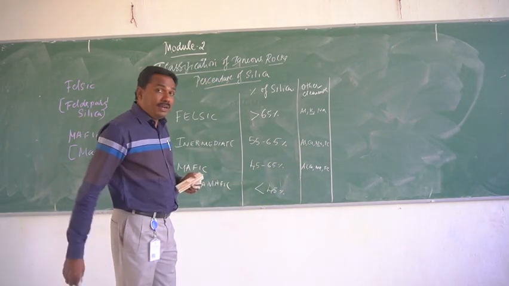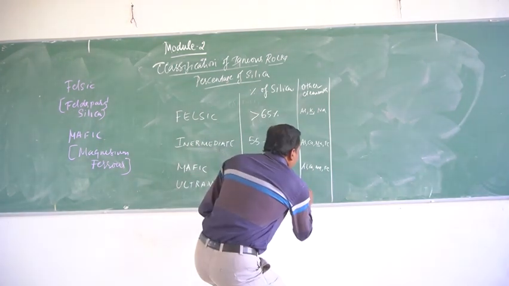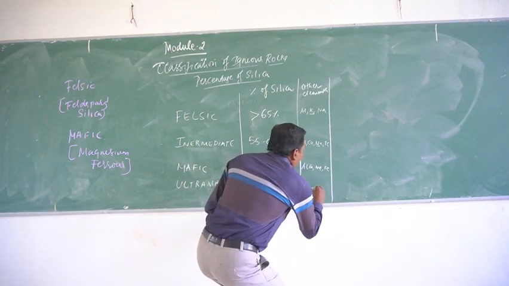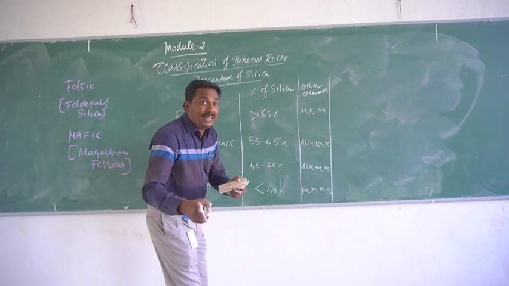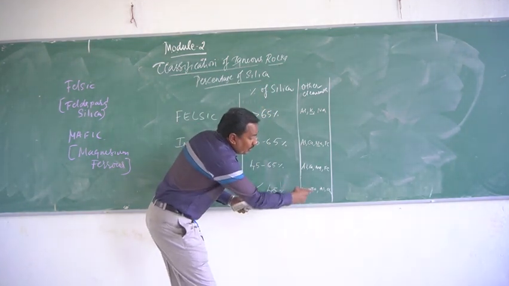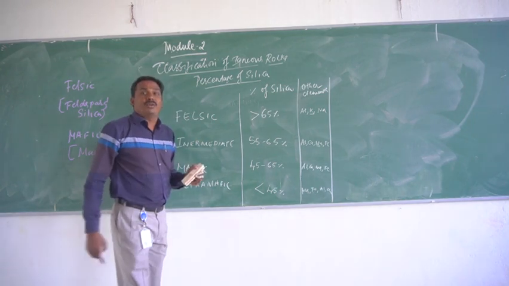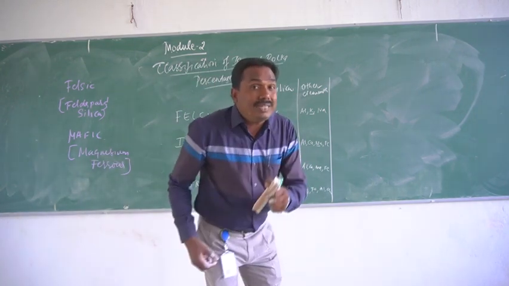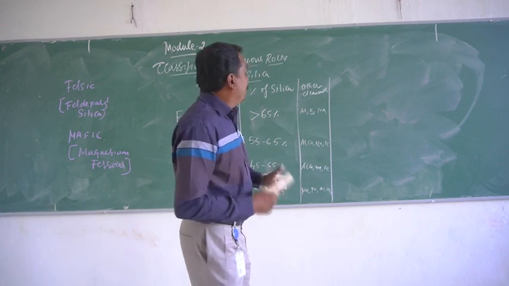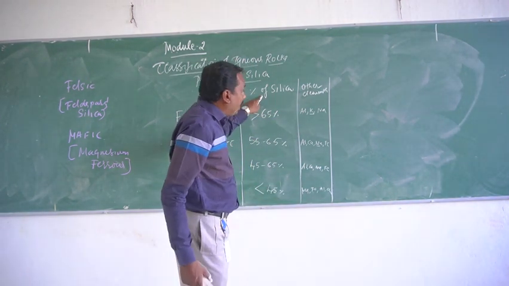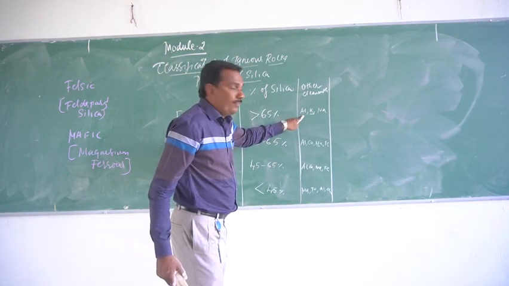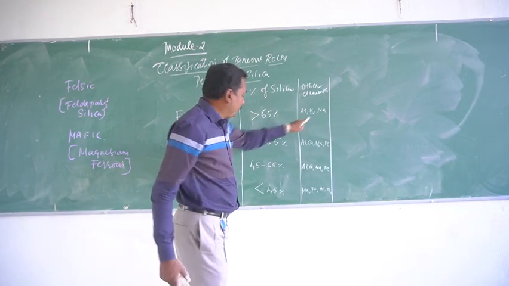Next, what are the other elements present? I am writing magnesium, iron, aluminium and calcium. We can easily see the dominance of magnesium and iron in the ultramafic rocks. It means that in the felsic rock, apart from silica, aluminium is dominant and potassium would be present.